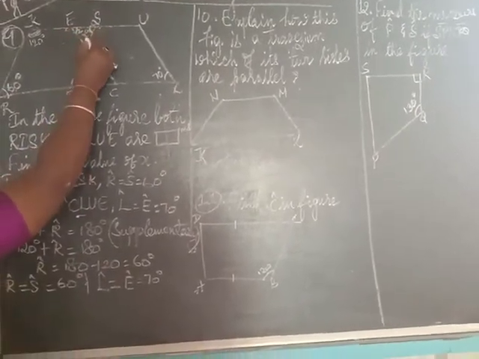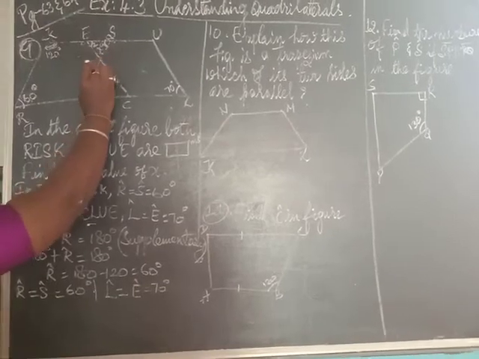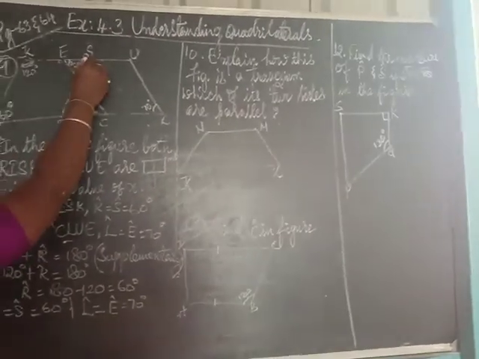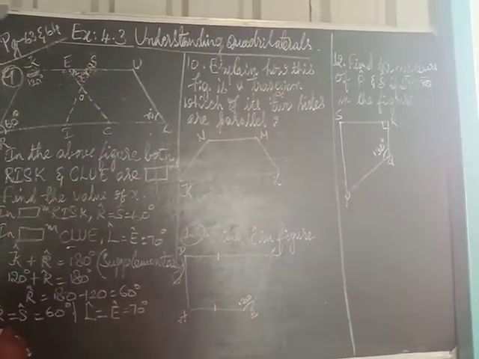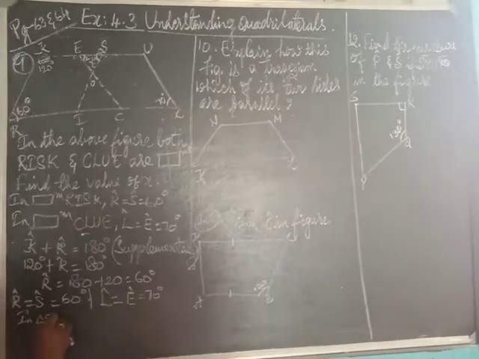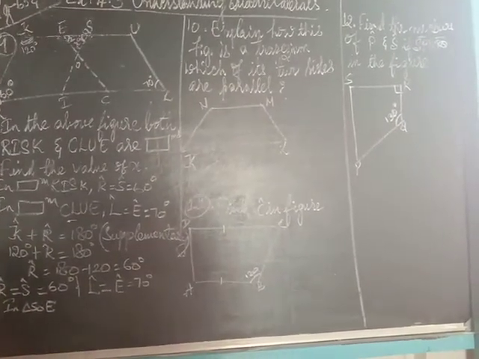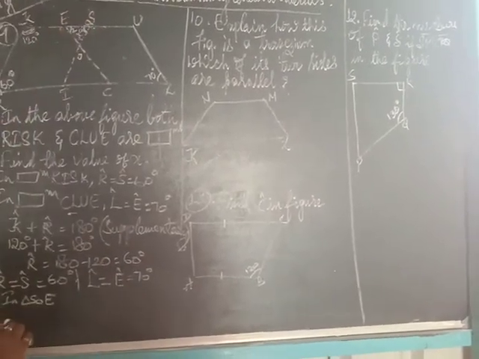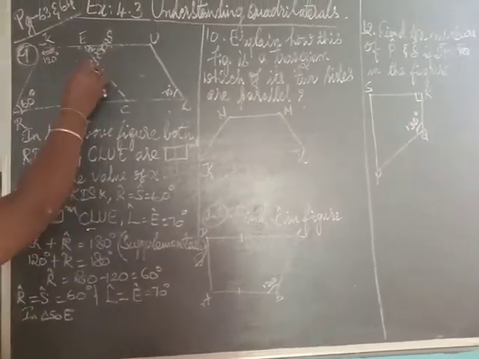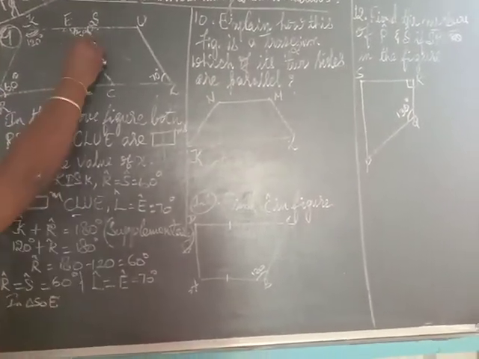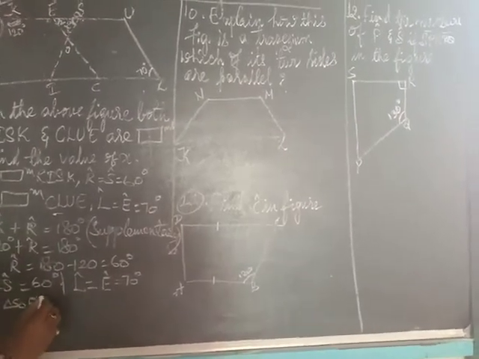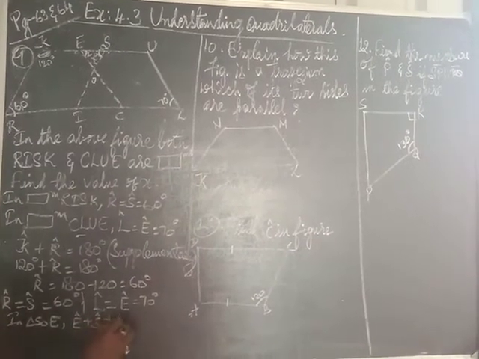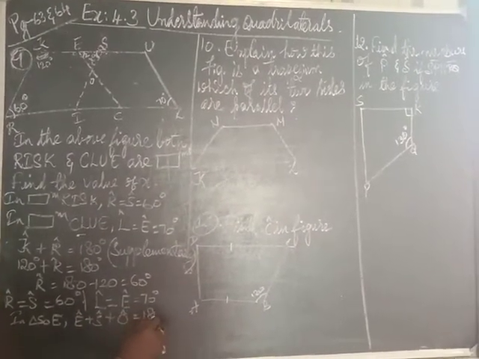So can we find out angle X here? Yes, of course, we can find the angle X using the triangle SOE. In triangle SOE, the sum of the angles of a triangle is how much? 180 degree. We are using the angle sum property to find the value of X. So you can write angle E plus angle S plus angle O is equal to 180 degree.